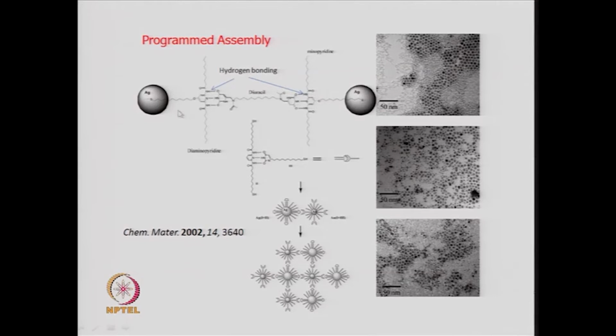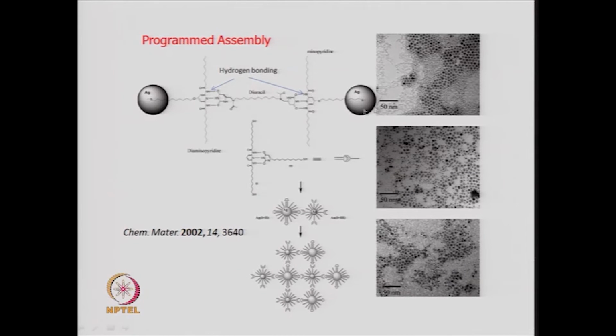So, both sides you have silver nanoparticles which are functionalized using thiol groups, and then having these pendant molecules which can bond through hydrogen bonding to this linker molecule which is diuracil. So, the effect is that you bring the silver particles together.